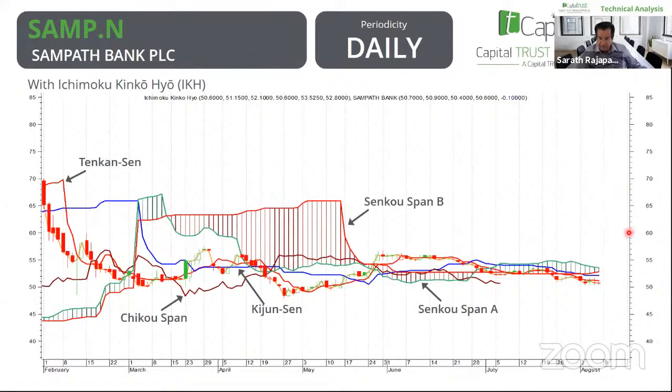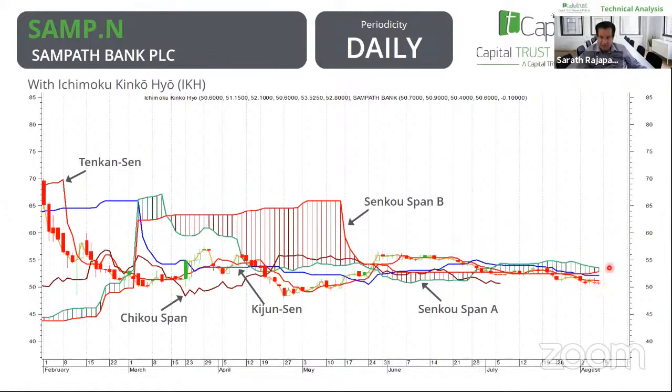Sampath Bank. Again, the same story. Right? That's what I guessed, that all the banks would give the same story. Candlesticks underneath, lamenting, though there is no reason. The span A here is above span B. Cloud is green, but the candlesticks are underneath the cloud.